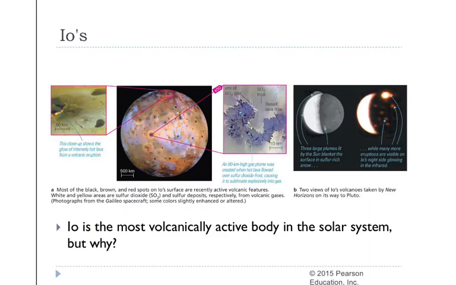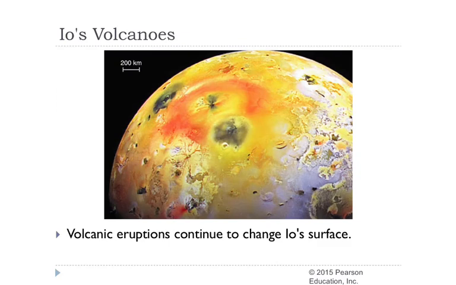Io, very interesting. This is the most volcanically active body in the solar system. So we see evidence of volcanoes that are erupting continuously and are changing the surface actively. So that's happening currently today.